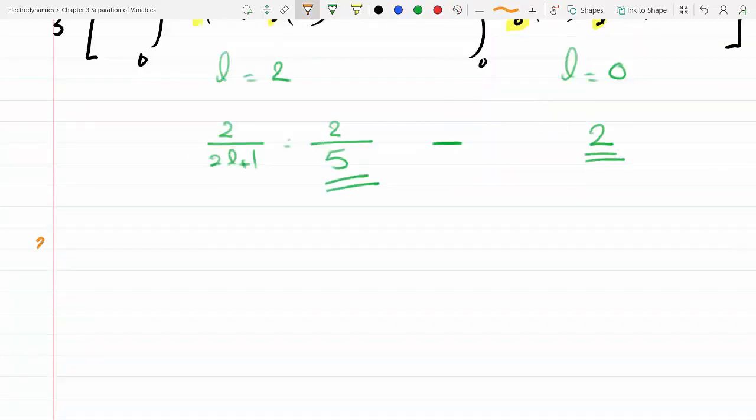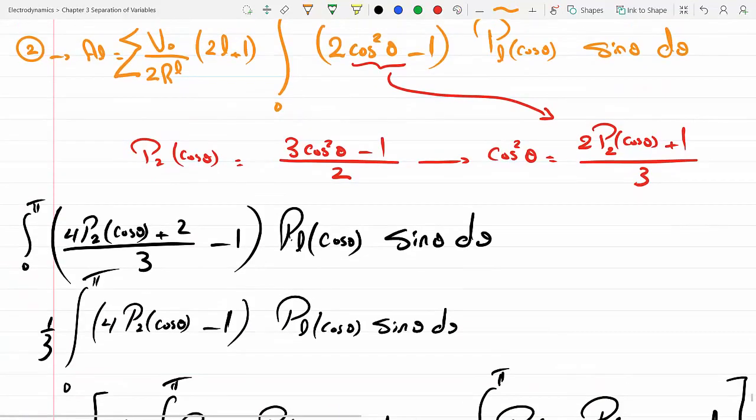Going back to equation 2, remember A_L has a summation, and only 2 terms in the summation survived.